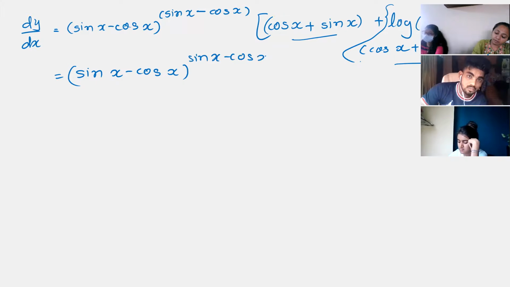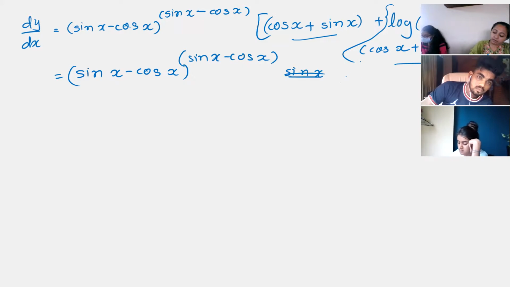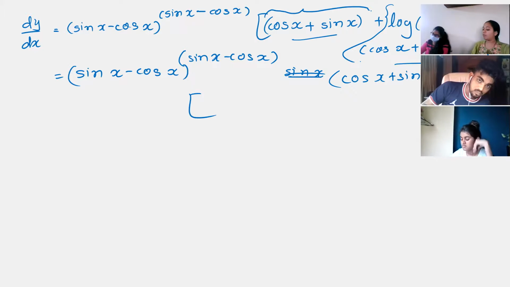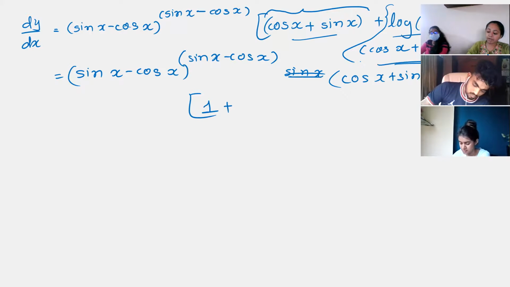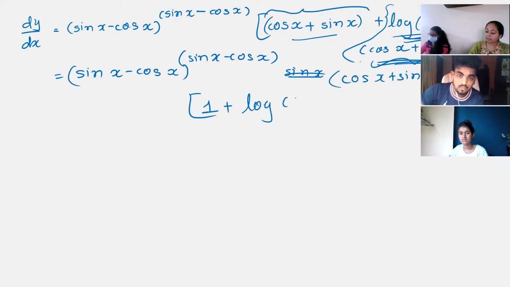Let me take common sin x, cos x plus sin x is common from both the terms. And inside what is left? Here, whatever was there, we took common, nothing left. That means 1 remained. And in the second part, we had 2 terms from which we have taken the common, so the log part remained.